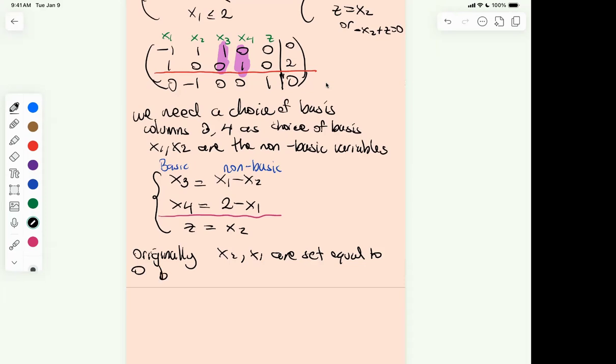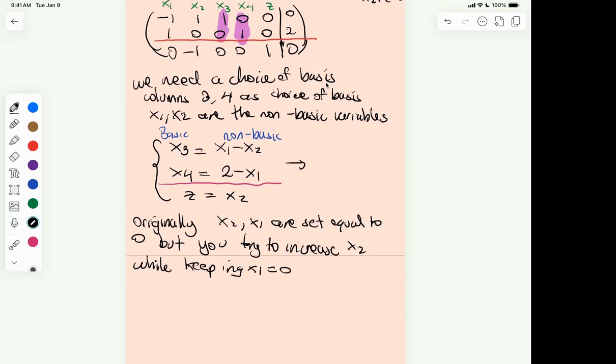But if you try to increase x2 while keeping x1 equal to 0, you have x3 equals minus x2, and you get x4 equals 2.